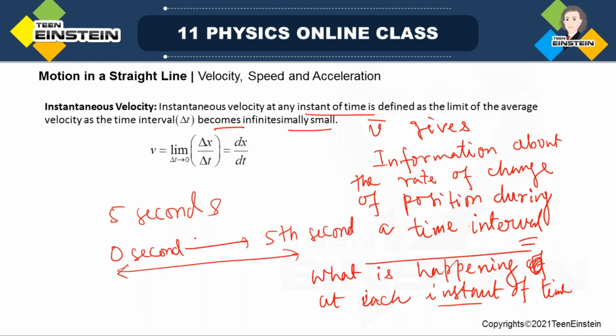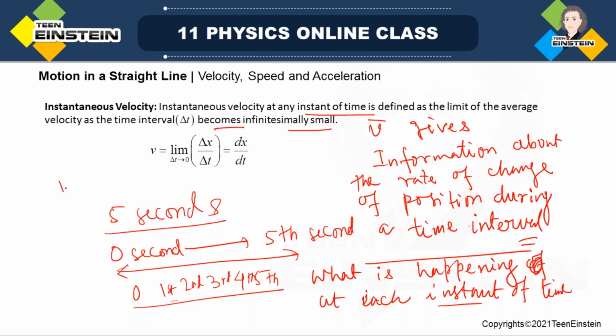When I say speed or average velocity, it is related to an interval. So when I say 5 seconds, it includes 0, 1, 2, 3, 4, and 5. That means first second, second second, third second, fourth second, and fifth second. These are all included in 5 seconds.